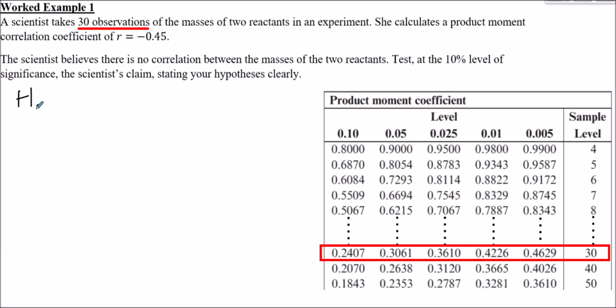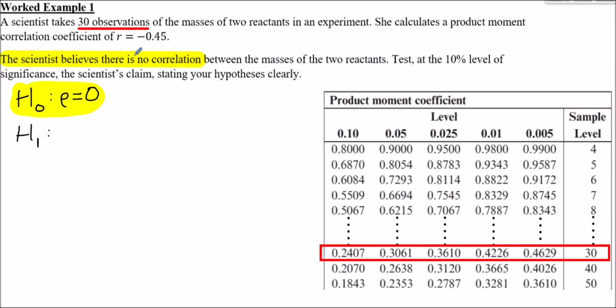So H0 is almost always that there's going to be no correlation. So H0 is that rho equals 0. That's what she believes. So always go with H0 being that there's no correlation, and then go with the alternative hypothesis being that there is.